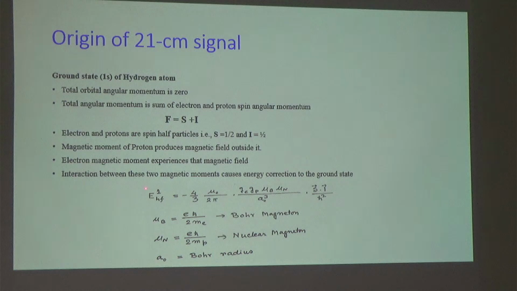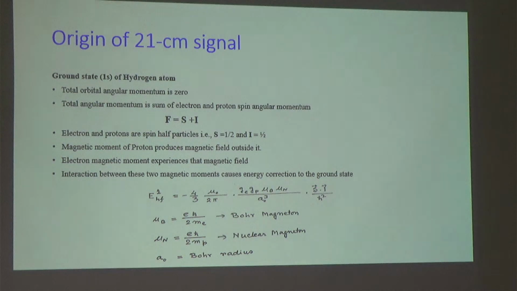The correction to the ground state energy is E_HF, and this is called hyperfine splitting. The interaction between the proton magnetic moment and the electron magnetic moment is called hyperfine splitting, and you might have already studied it. These are all constants, and then just look at this term, S dot I. This is the interaction term between the proton magnetic moment and the electron magnetic moment.